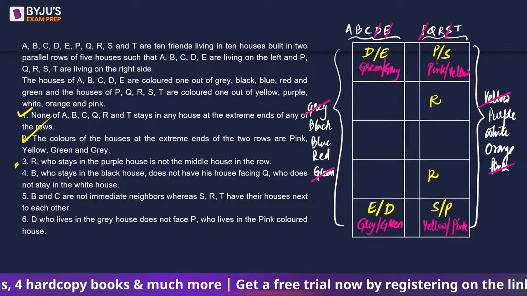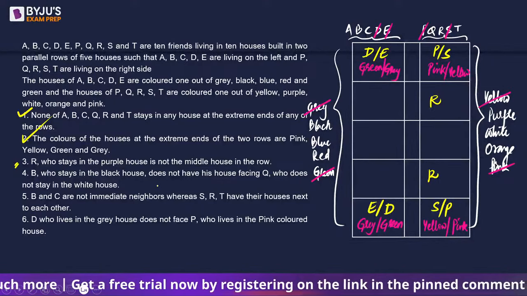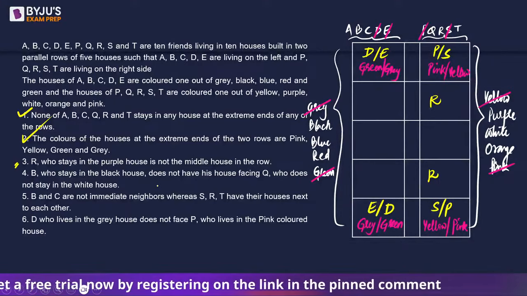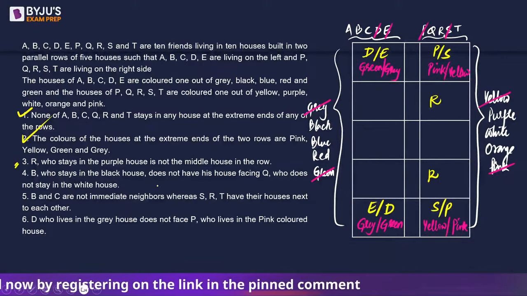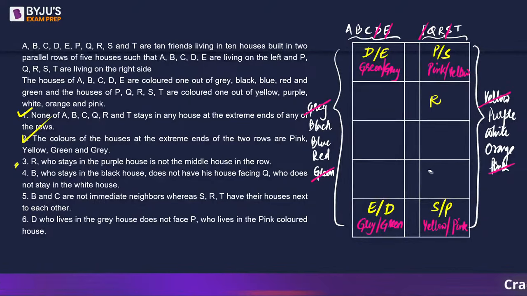The fourth statement says B, who stays in the black house, is on the left hand side, does not have his house facing Q, and Q does not stay in the White House. Suppose R is here, on the second position, as an assumption, and this is purple color.